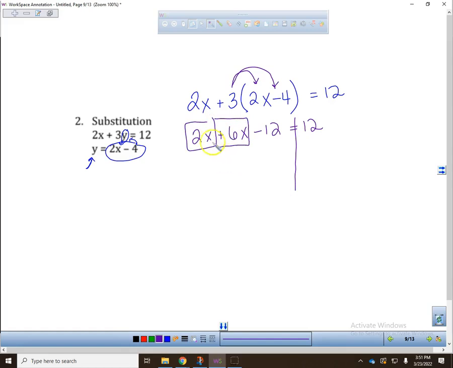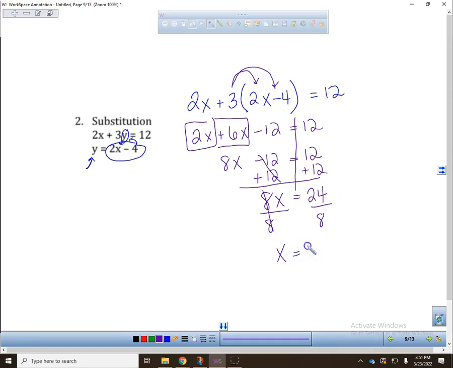I have 2 that are alike here. 2 and 6 is 8x. Now I'm going to get rid of or move over my addition and subtraction. And I'm left with 24. My last step is divide by 8. And I have x equals 3.